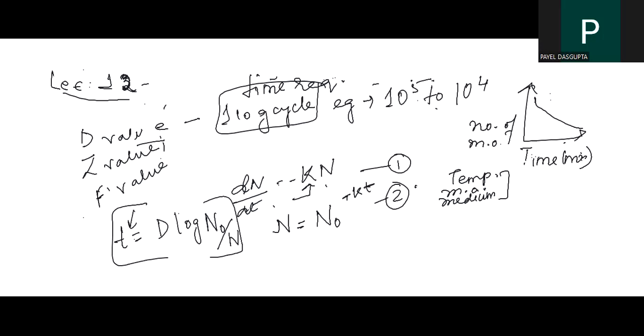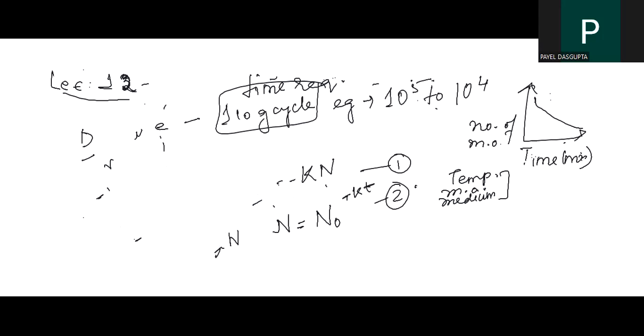If you know N0 and N, you can find the D value, or the time, if either is given. N0 is the initial population, N is the population remaining at time t, and D is the decimal reduction time, that is the D value.